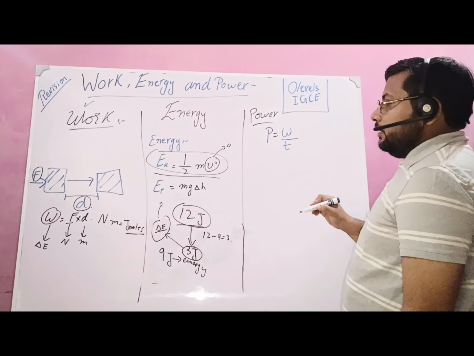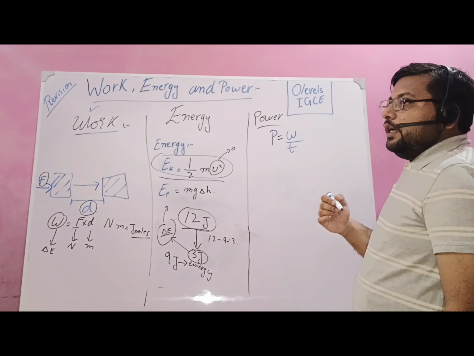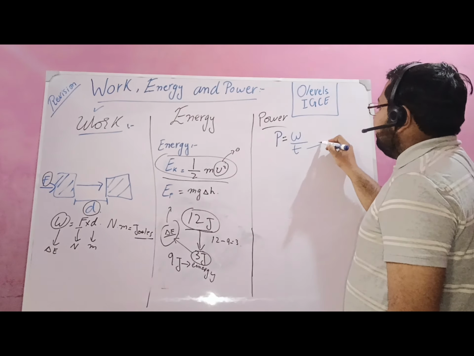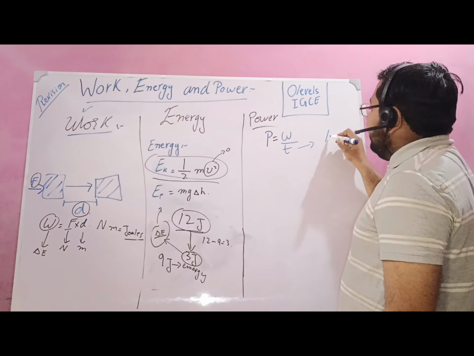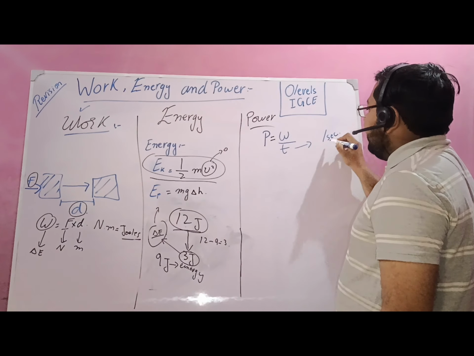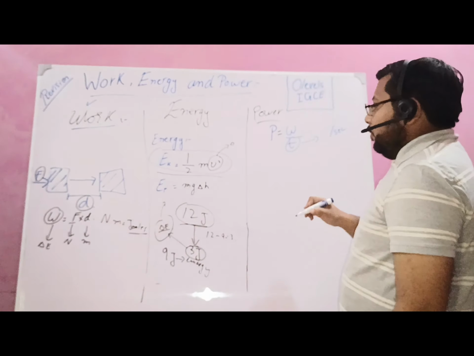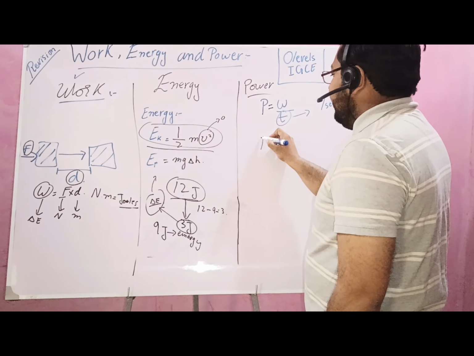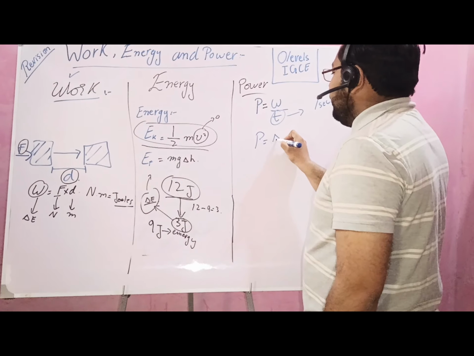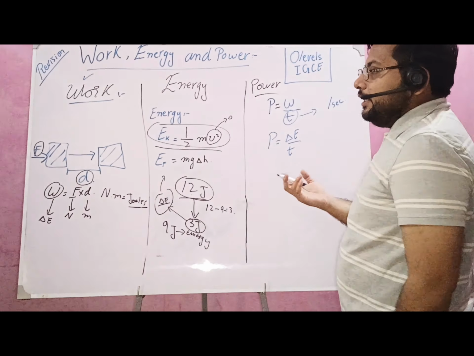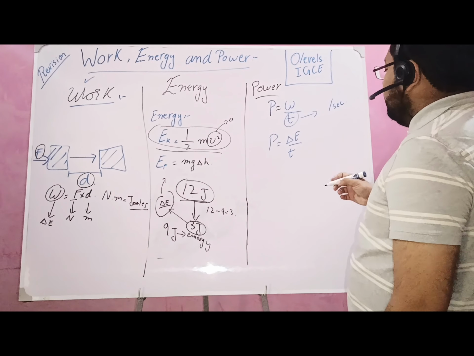In physics, when we are considering a rate, we consider it per second, or divided by time. We can also say that power is equal to the change in energy upon time, or the energy transferred upon time. We can refer to delta E as energy transferred also.